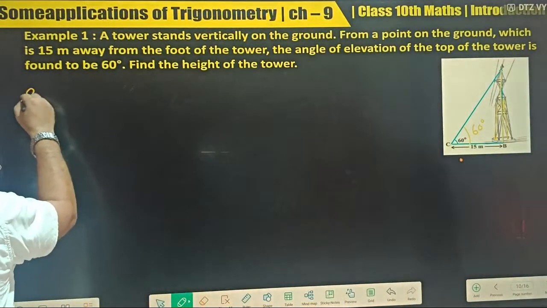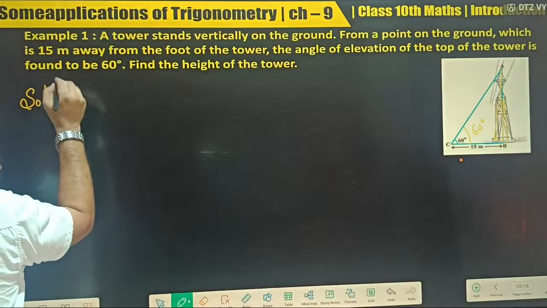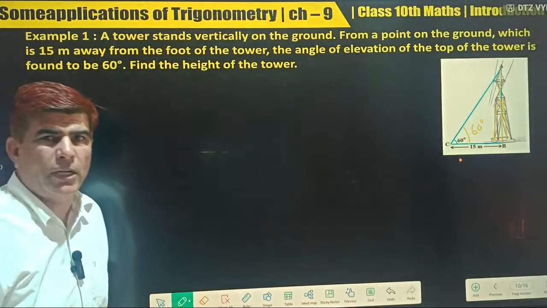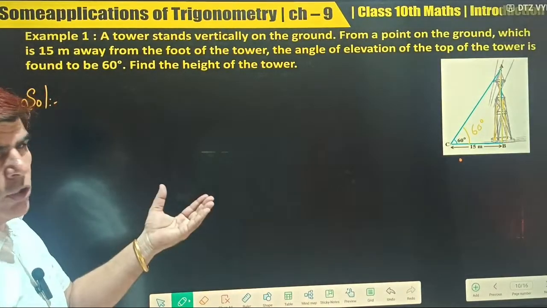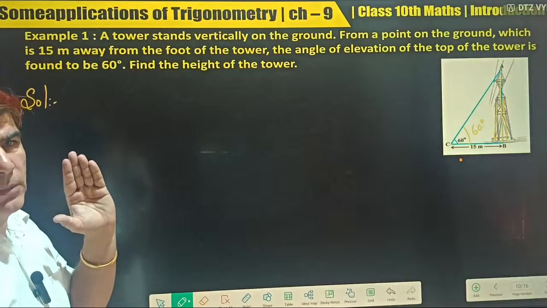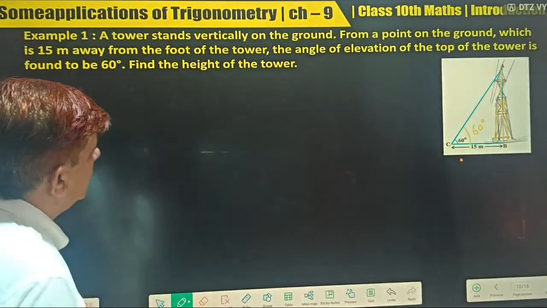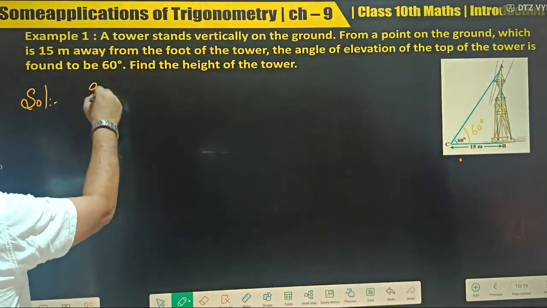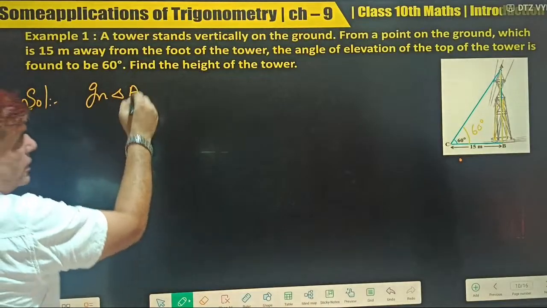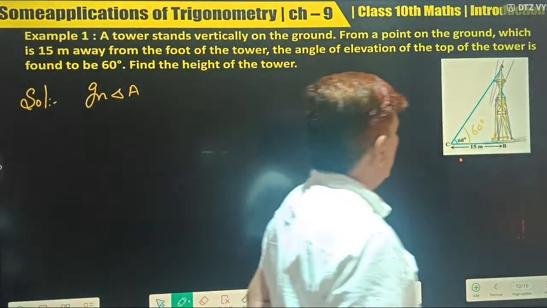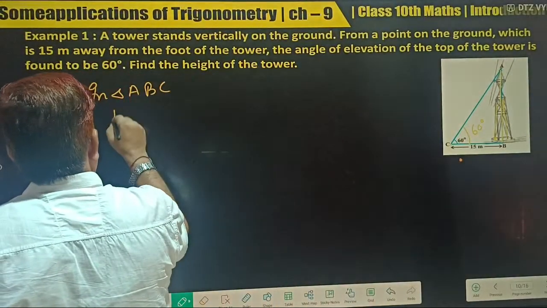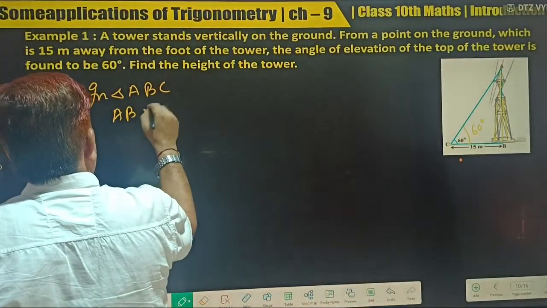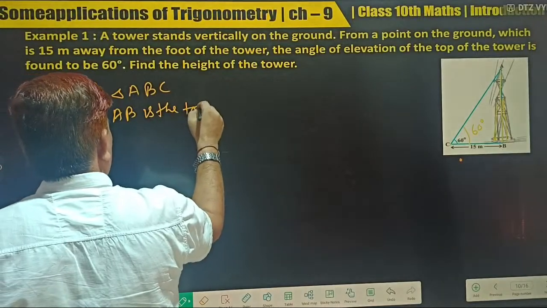Look, by taking a simple example, we see the application of trigonometry. Directly, not indirectly, we can measure the height of this tower. In which triangle? ABC. AB is the tower.